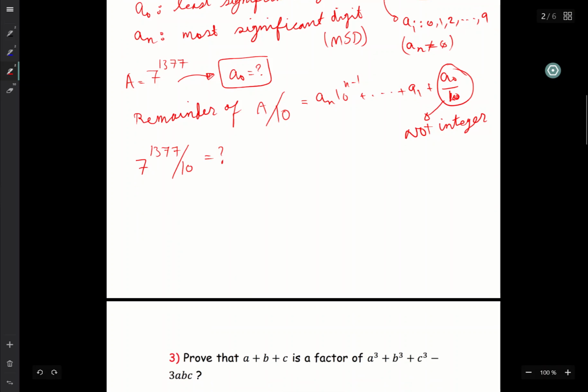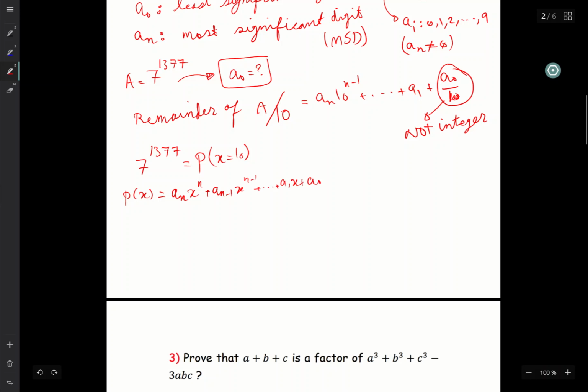The way we're going to do it, if you recall, we call this a polynomial at x equals 10, and our polynomial p(x) is basically an x to the n plus an minus 1 x to the n minus 1 all the way to a1 x plus a0, right?